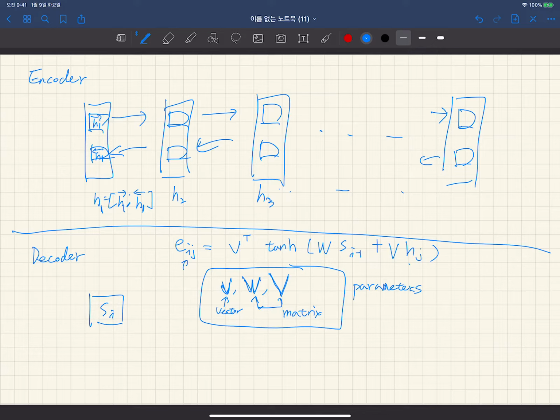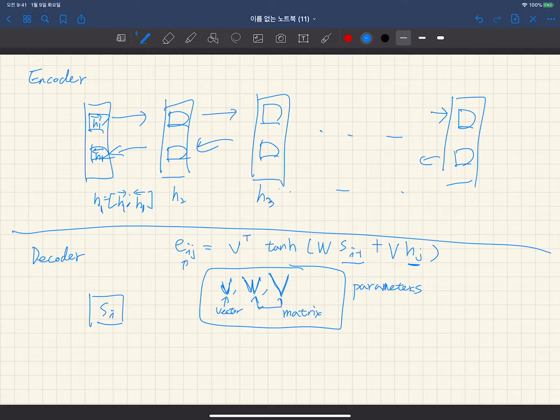Here Hj is the hidden state vector of the encoder at position j, and S(i-1) is the hidden state vector of the previous time slot.